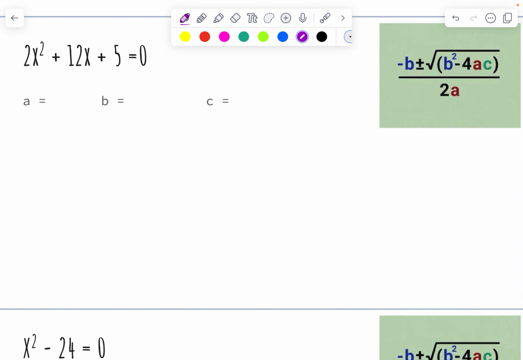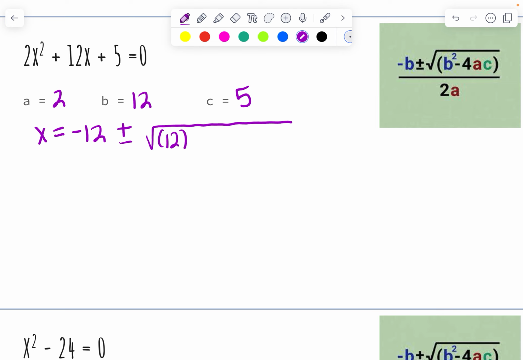2x squared plus 12x plus 5. A is 2, b is 12, c is 5. So x equals the opposite of b, negative 12, plus or minus the square root of b squared, take away 4 times a times c, all over 2 times a.